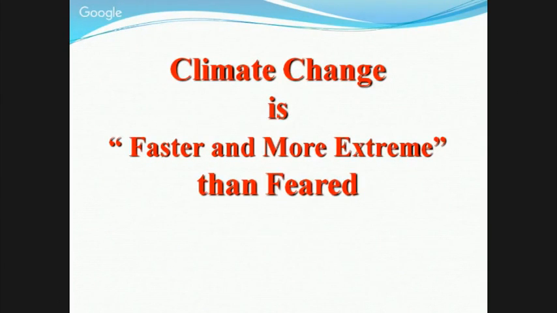So because of all these activities and types of pollutants, the climate is changing. We are experiencing climate change, and what has been observed is that it is faster and more extreme than we feared. What we had predicted is happening at a much faster rate, and it is now a very serious problem.